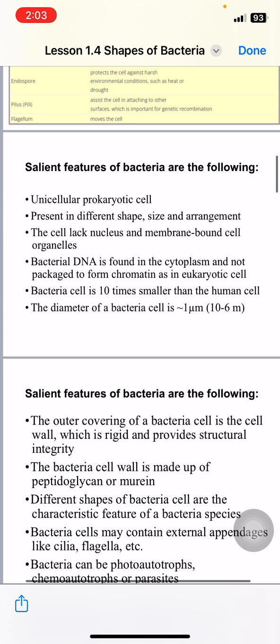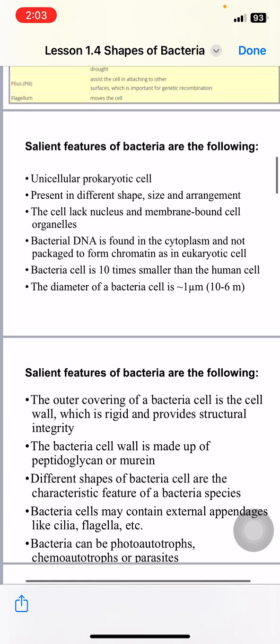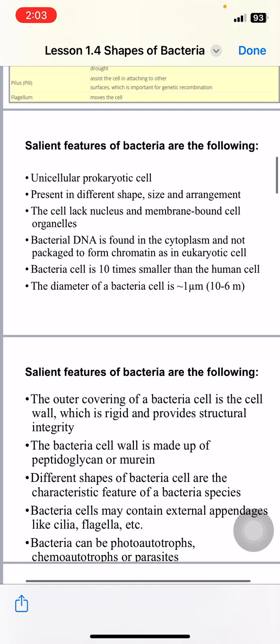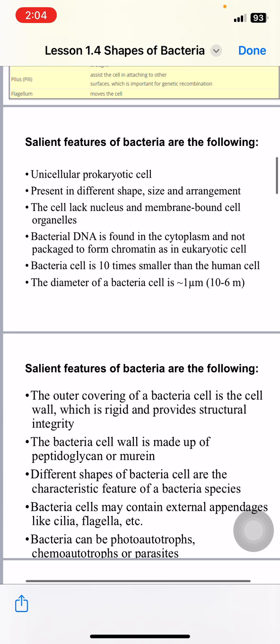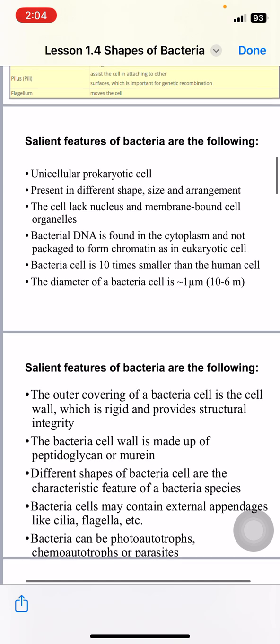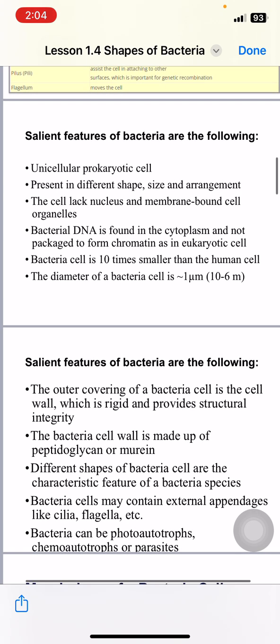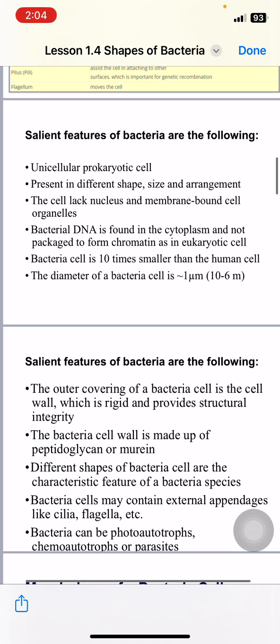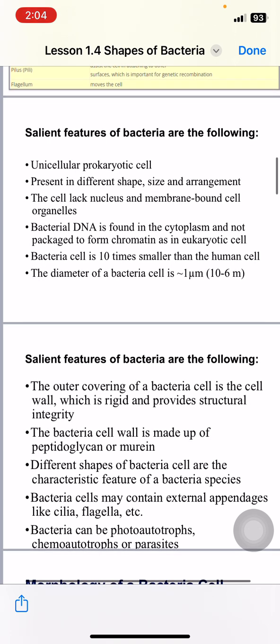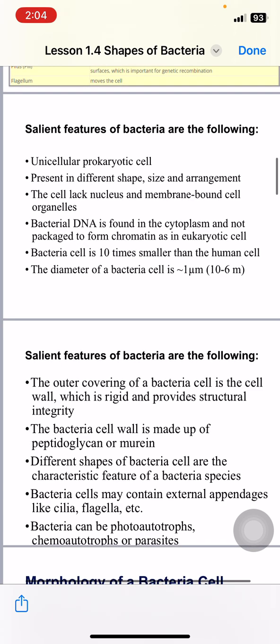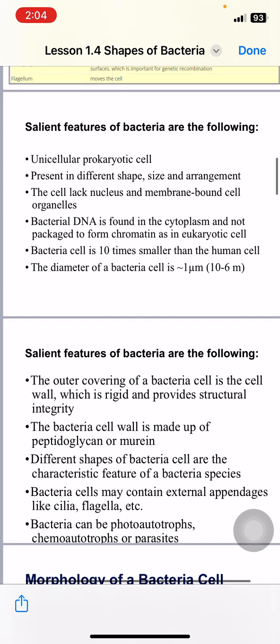Bacteria also lack a nucleus and membrane-bound cell organelles, but bacteria can perform the functions of the nucleus in the cytoplasm, because the bacterial DNA is found in the cytoplasm and not packaged to form chromatin as in a eukaryotic cell. In eukaryotic cells, you can find the DNA and its processes in the nucleus, but in bacteria, or prokaryotes, you find it in the cytoplasm.